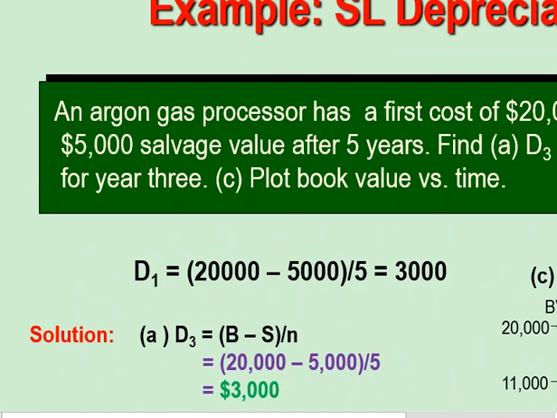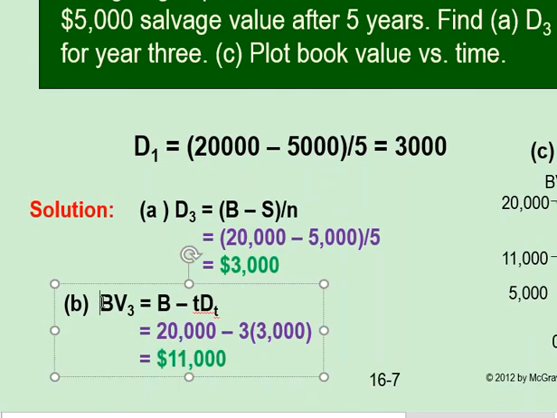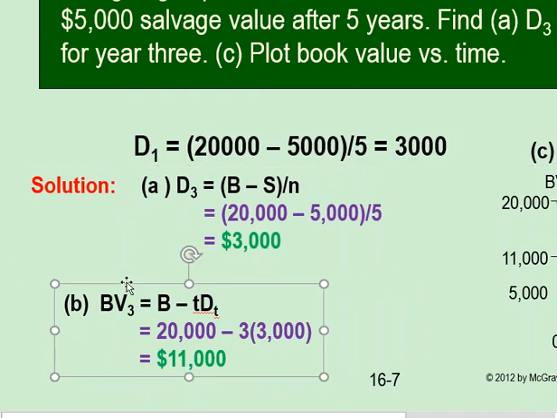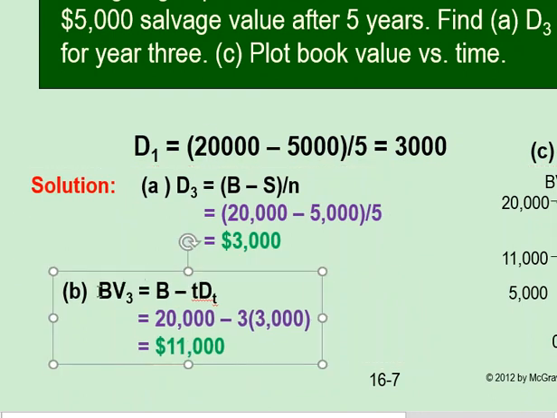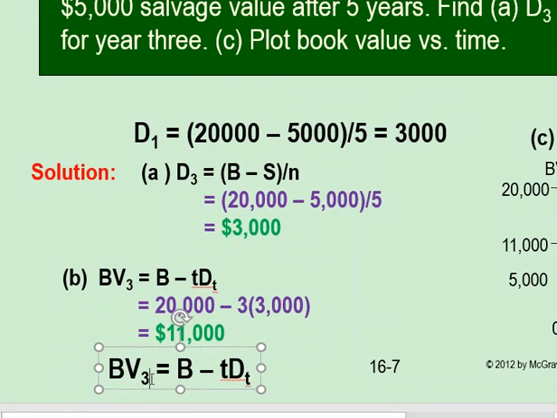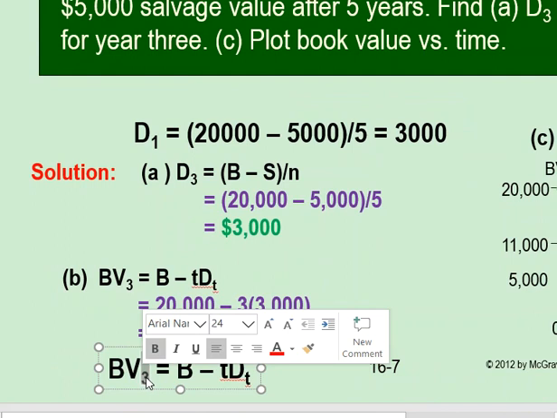So now if I want to solve for another one, we are done with this depreciation stuff. Now let's say I want to solve for BV4. How much is it?